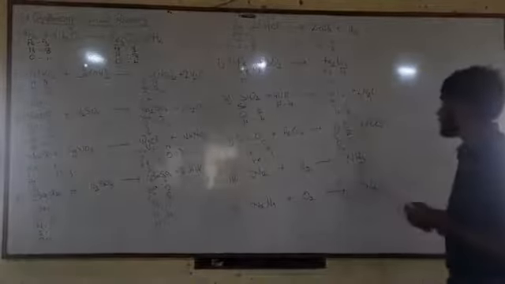Students, you can see this 2 6 1 and 2 5 1. And that's not fair. So what we will do in this equation? It's quite confusing. Oxygen is also imbalanced.